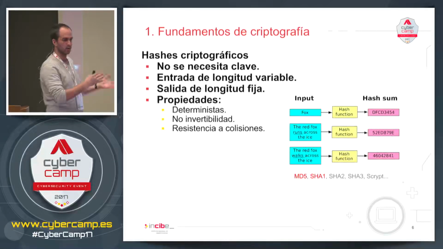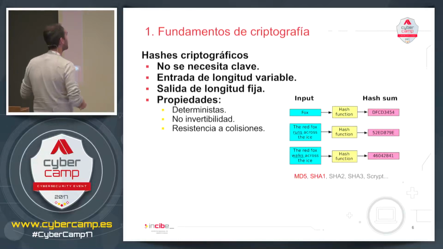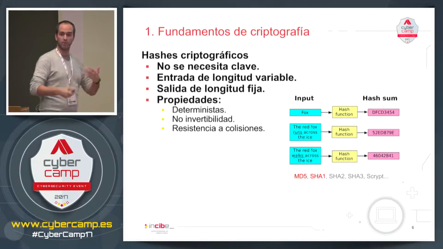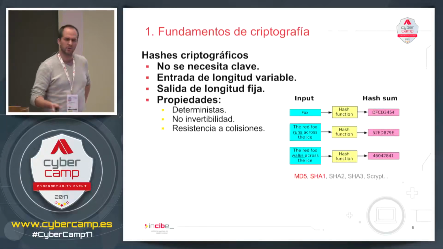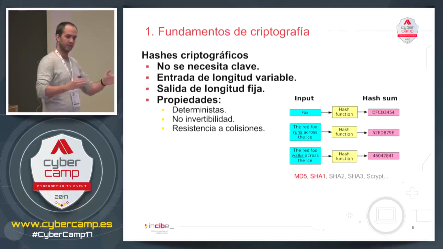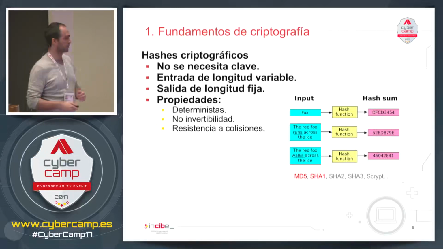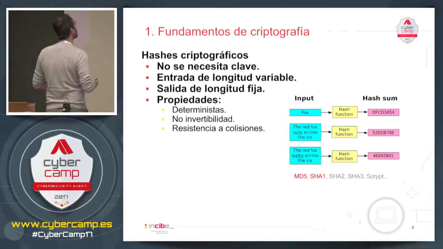It'll accept a variable length input, from 1 bit to n bits, but it always gives you a fixed output length. It depends on the function, SHA-1, SHA-2, SHA-3, but the outputs will always be the same length, the hash sum.